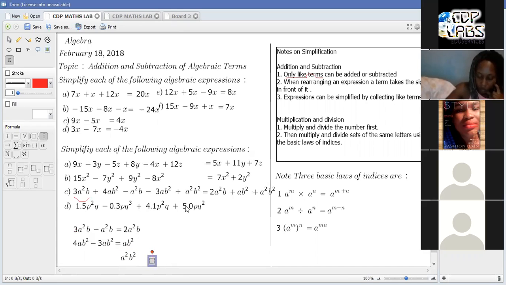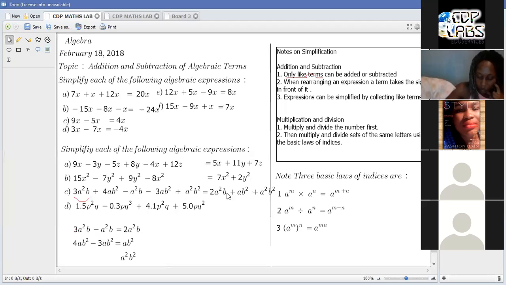So you put everything together, you'll get back the same answer up here. And they're all positive, no negative. It says 2a squared b plus ab squared plus a squared b squared.